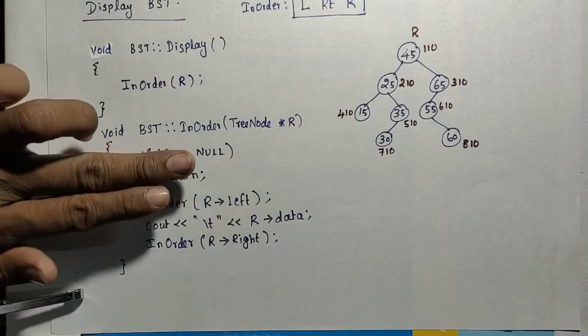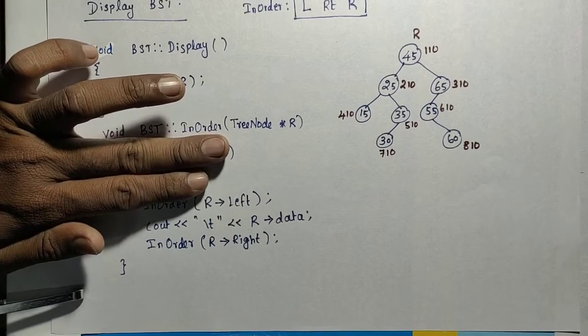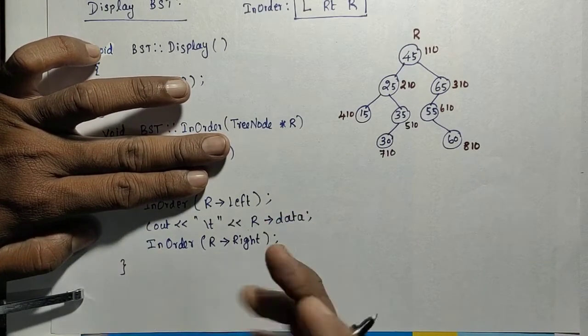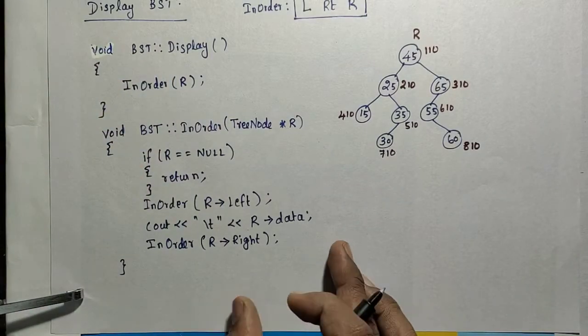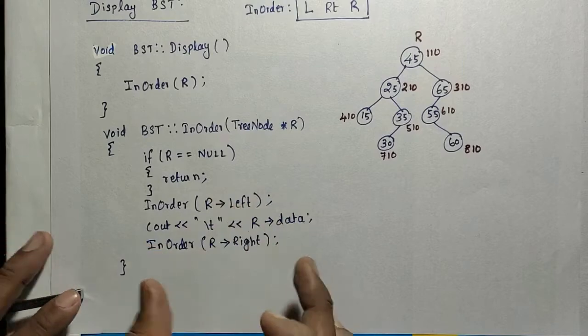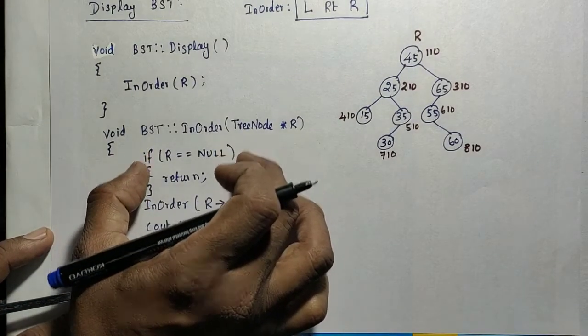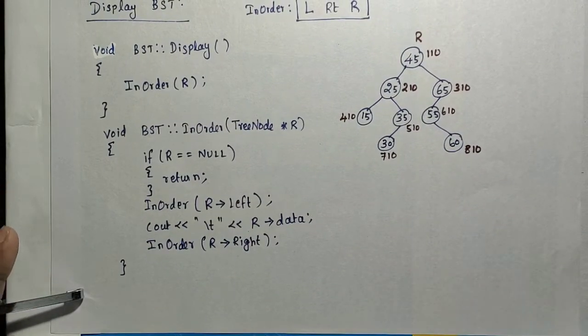If you have not written this code, that is R equal to null and return, the code will call itself recursively without terminating. There is no use in writing this code, so we must set the base condition. When should it return? When the recursive call is not needed, that situation we have to set here. Now we will discuss how to trace this algorithm.